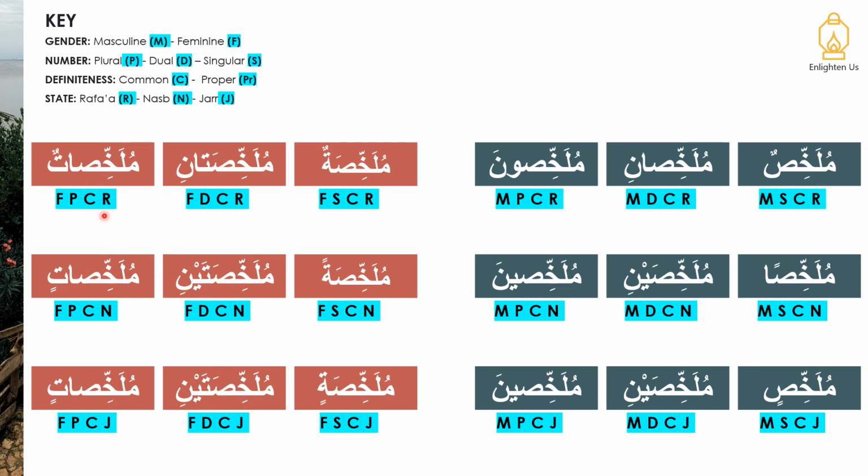Our top row is the rafa' version, our middle row is the nasab, and the last row is the jar. The thing to note here is that all of the words are common, and where they would be proper, do go back and revise the previous lesson on this.